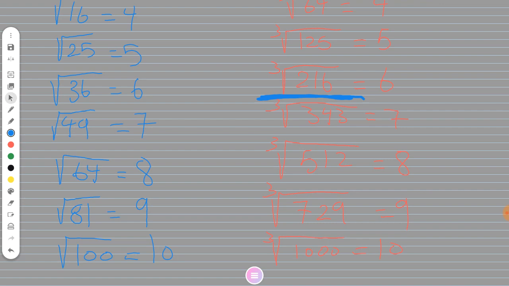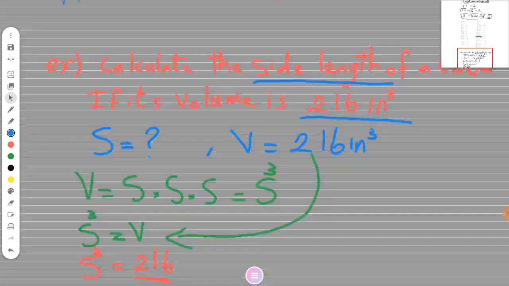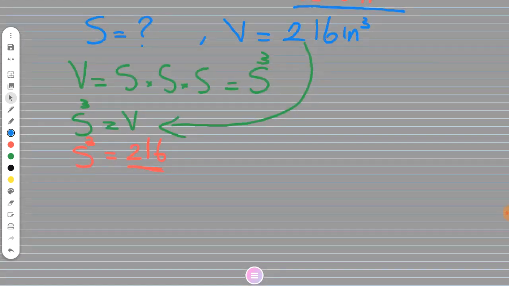Let's return to our problem. I need the side length only. I don't need S to the power 3. What should we do to both sides? This is an equation, with a right hand side and a left hand side, so I can take the cubic root of both sides.